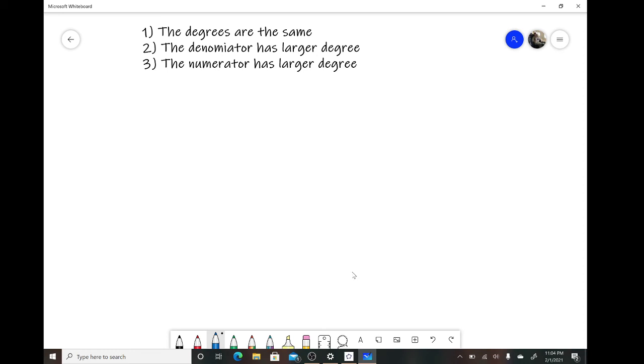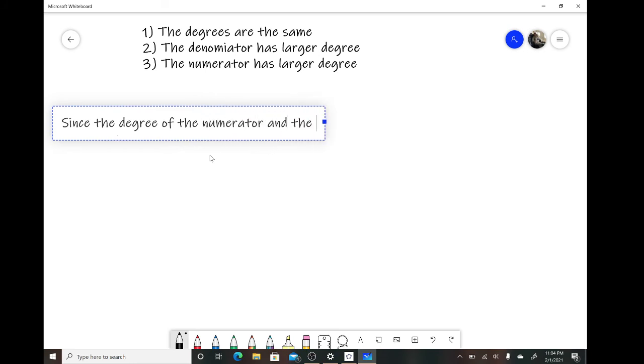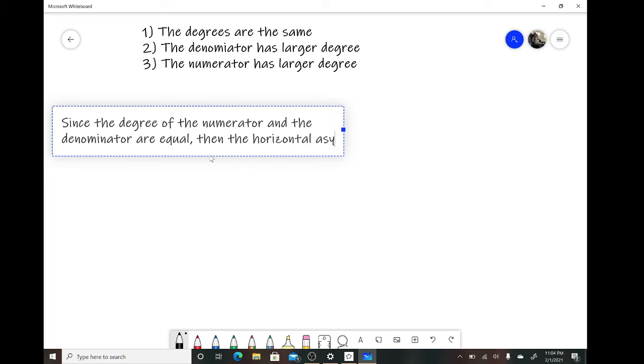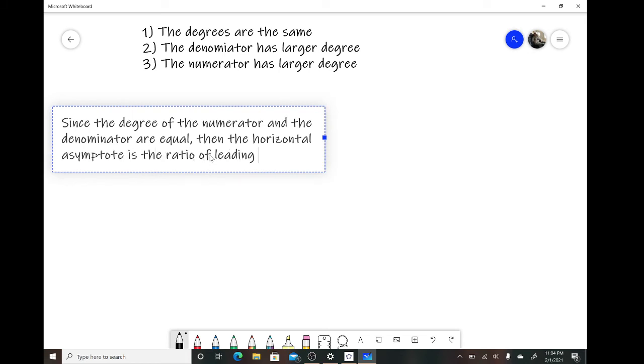So the horizontal asymptote, let me write this down. Let me actually type it. Since the degree of the numerator and denominator are the same, then the horizontal asymptote is the ratio of leading coefficients.